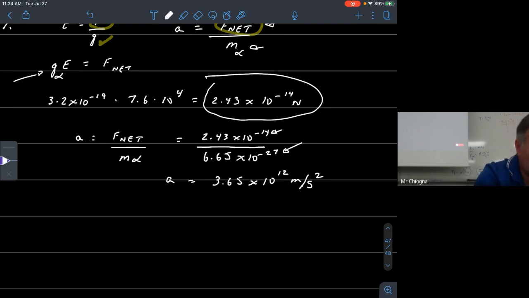Now let's say we have 2 points of interest across this resistor. We'll call this point A and point B. Let's say B is at 80 volts, A is at 20 volts.